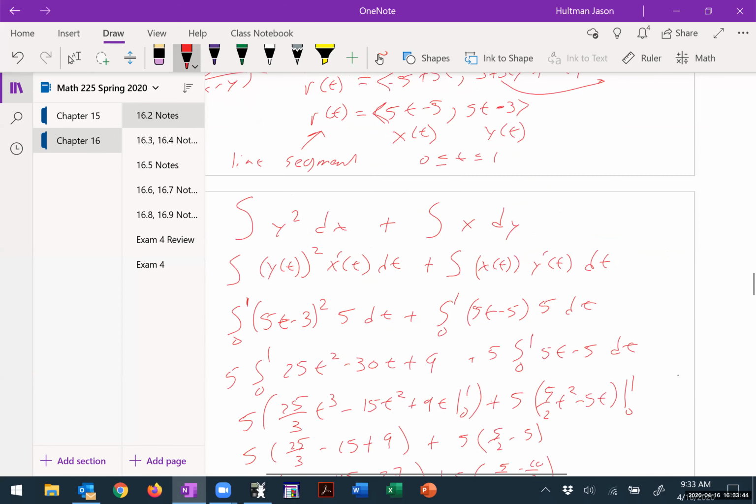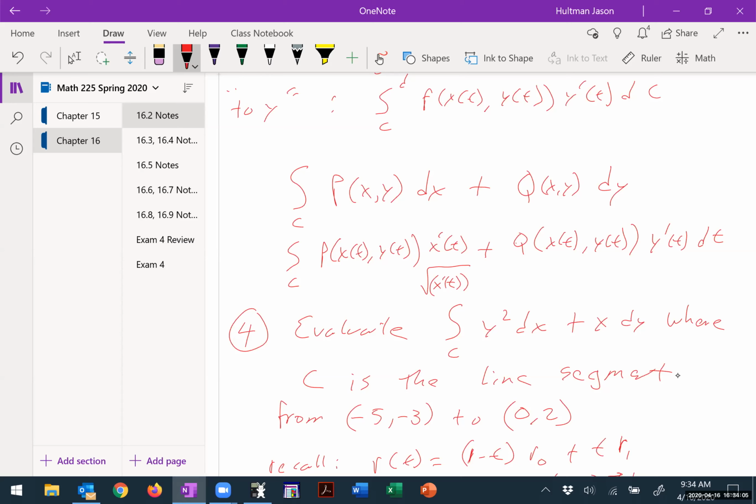Because what would I do if I'm just integrating the line integral with respect to x? Wouldn't this really be the square root of x prime of t squared? And wouldn't that just get me back what I originally have?